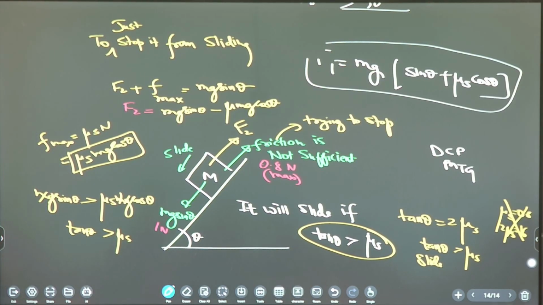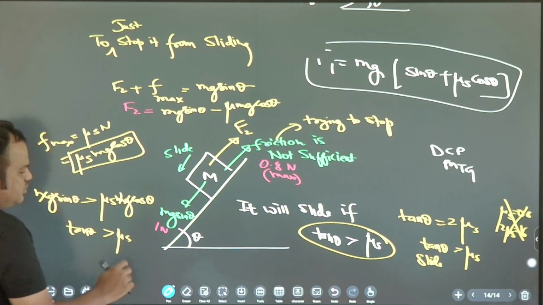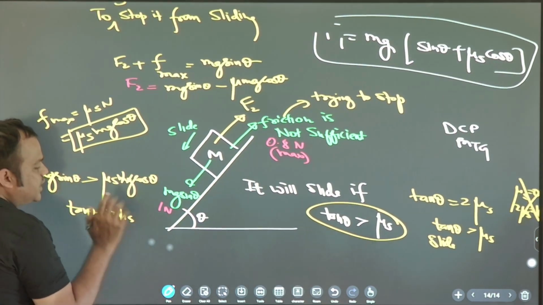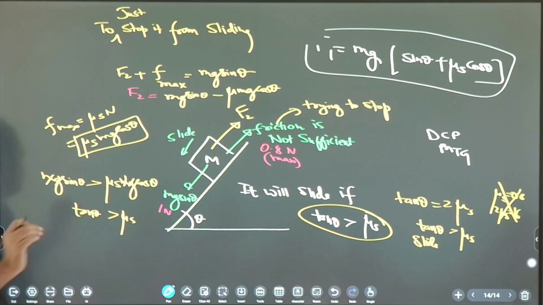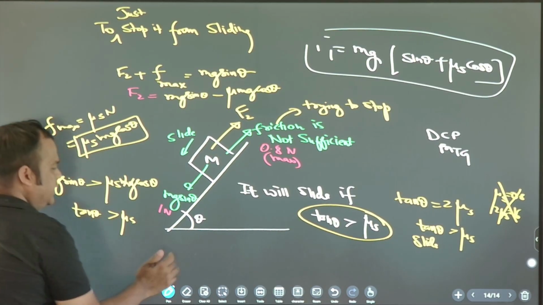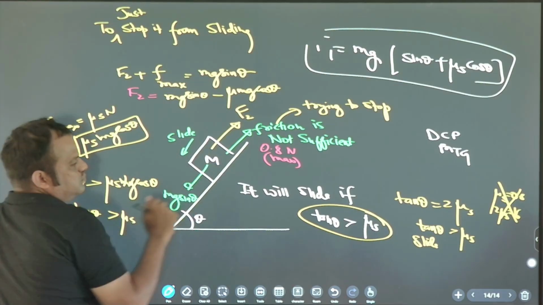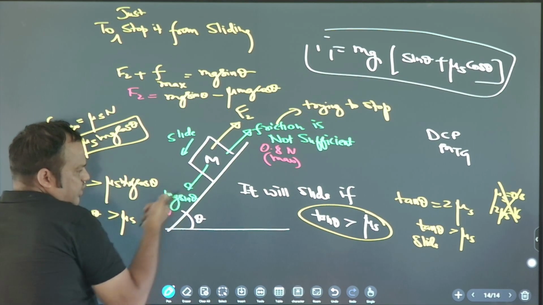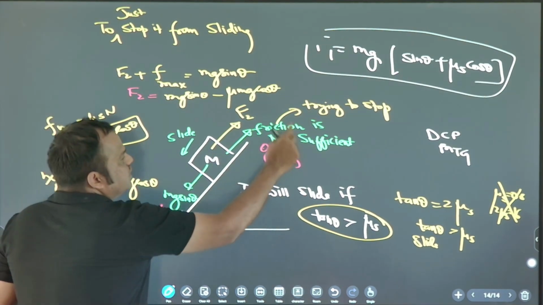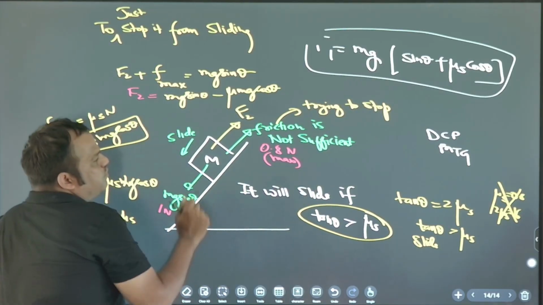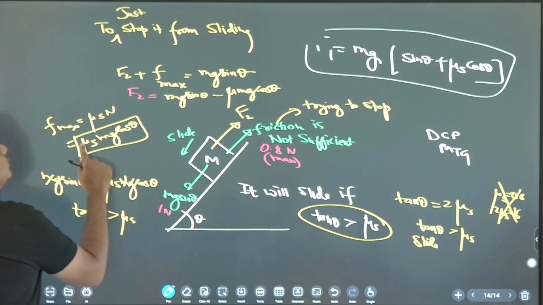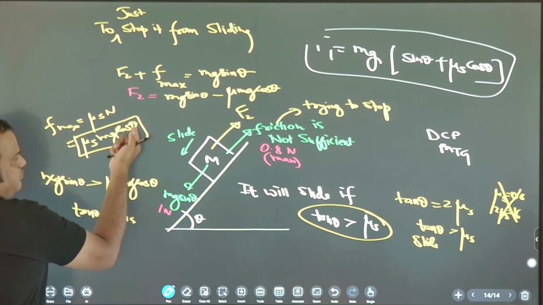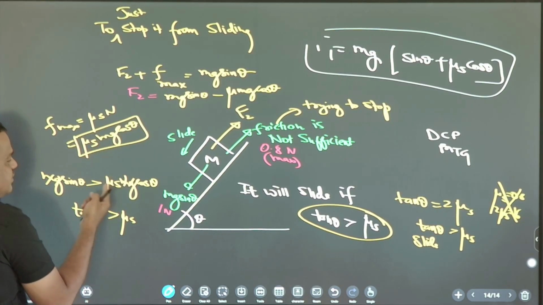Try to understand. Maybe you are finding it a lengthy question, but it is easy. Put maximum effort to understand what is going on. This block, mg sin theta is pulling it down. Friction is trying to stop it, but the maximum value of friction is mu s mg cos theta, and this is less than mg sin theta.